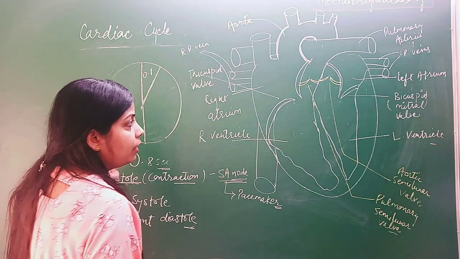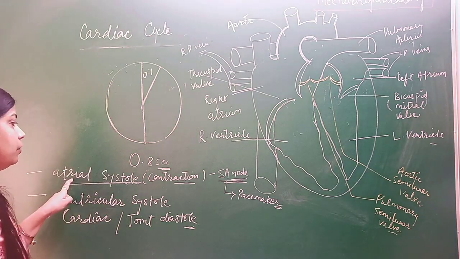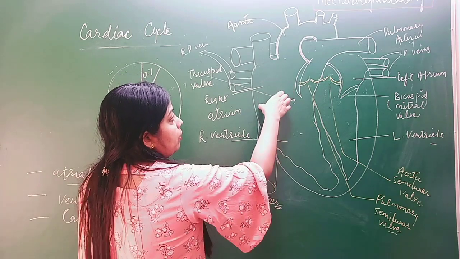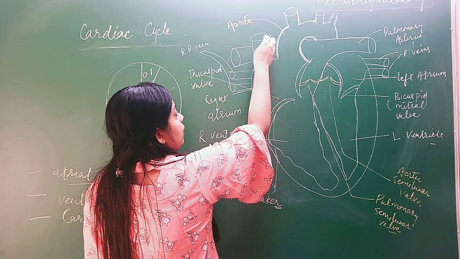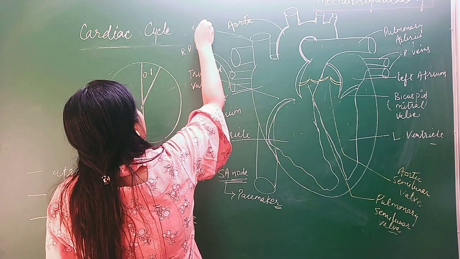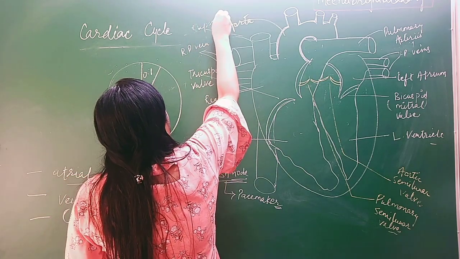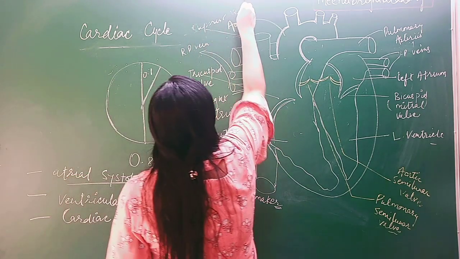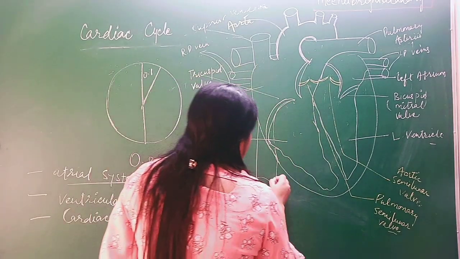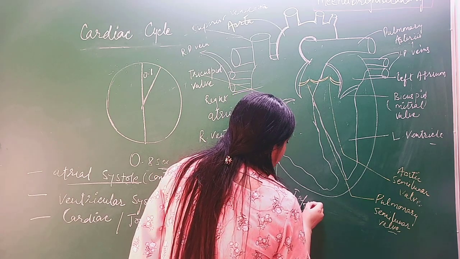So what is happening in the cardiac cycle? In the first event, atrial systole, see this superior vena cava and this inferior vena cava.